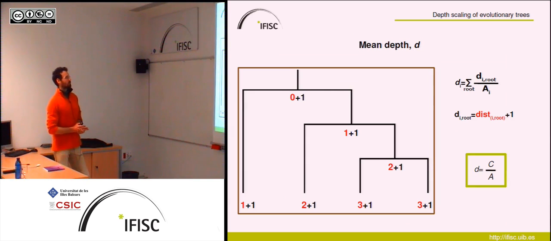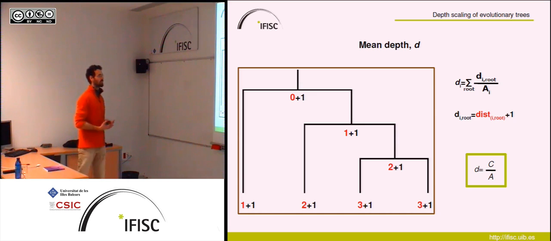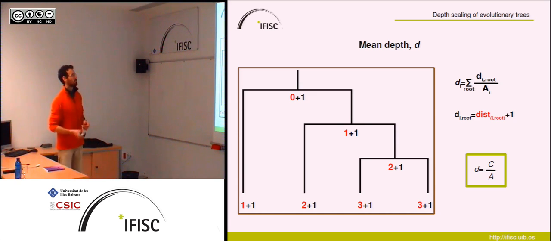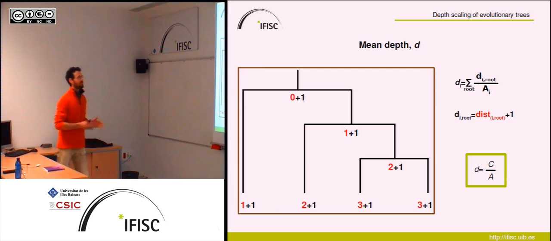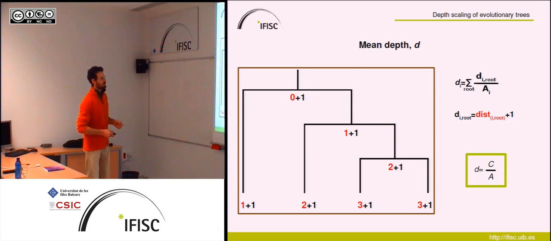The mean depth, we define as the average depth over all the nodes that constitute the phylogenetic tree, defining the depth of a node as its distance to the root plus 1. For example, for this node the distance is 3, so the depth is 4.